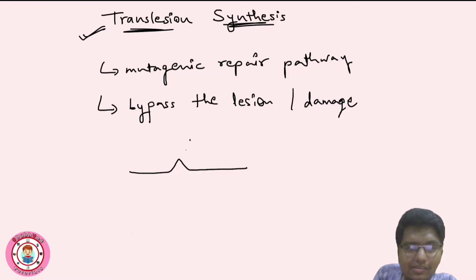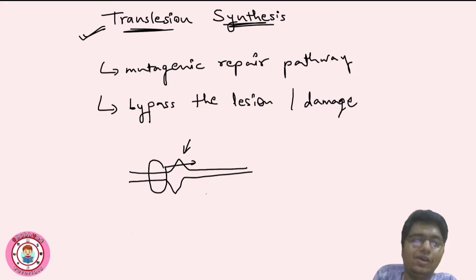See, this is a lesion. So what will the polymerase do? The polymerase will move towards it. It will not repair the lesion. It will just move forward.